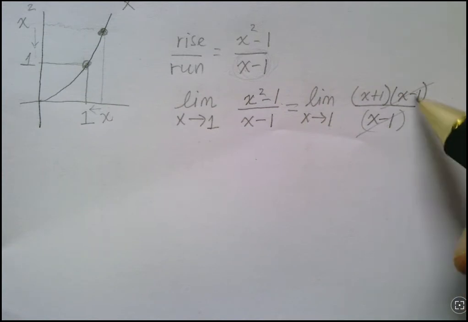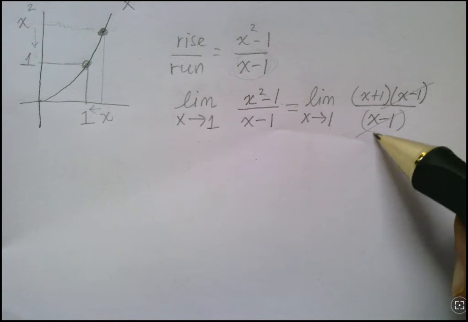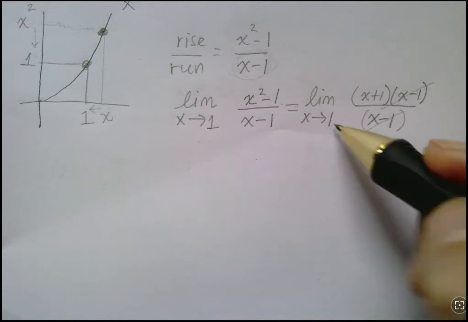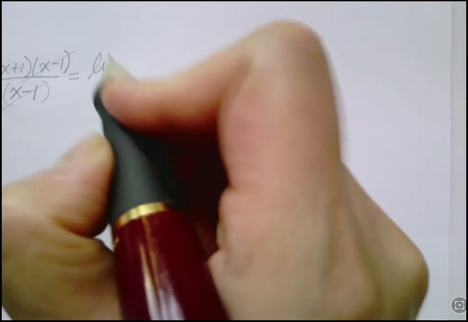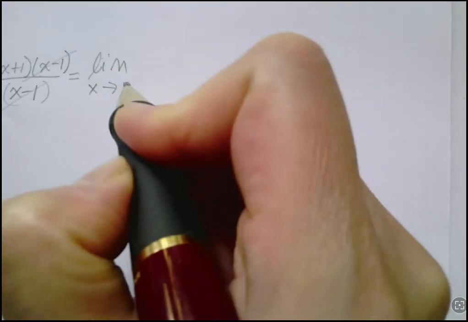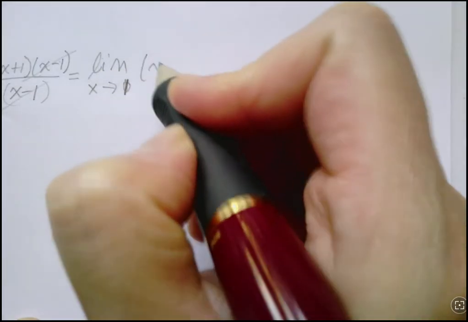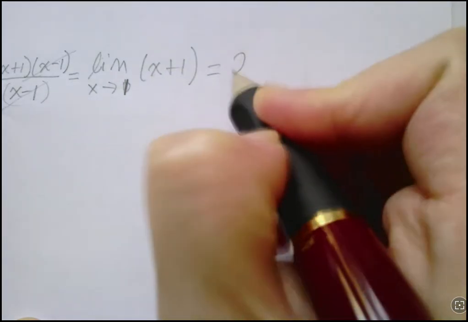And so I can cancel this out. If it were 0 over 0, I wouldn't be able to do this, but x will never be 1 because we're taking the limit. And so we just have limit as x goes to 1 of x plus 1, which equals 2.